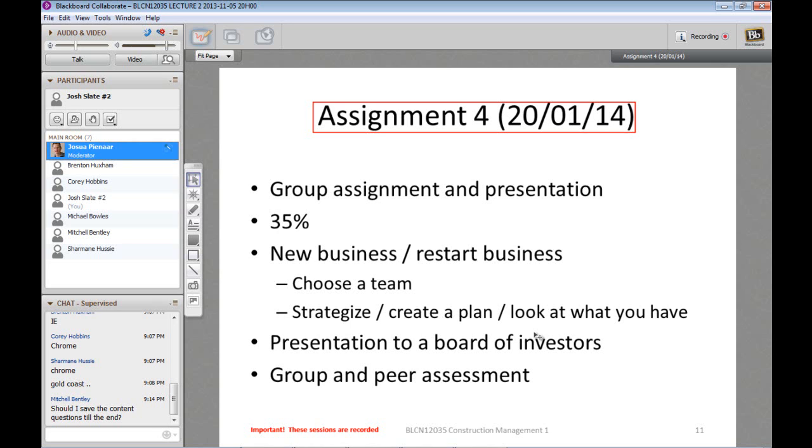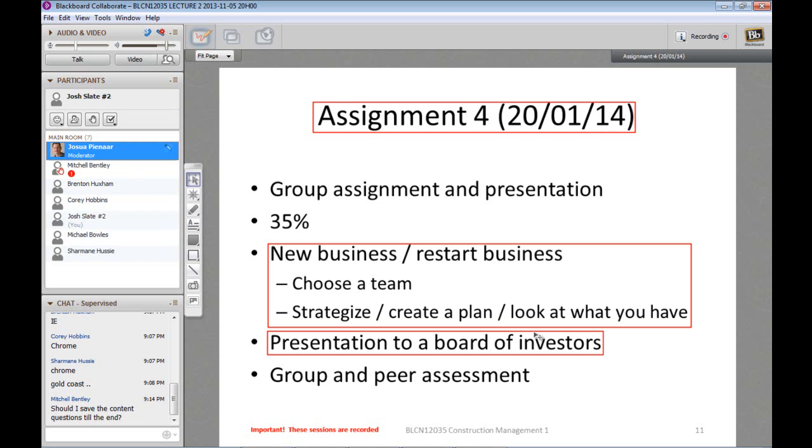This year I've given you the choice of either creating a brand new business or choosing a business that is ready to fall over, and then coming up with a great plan of how to save it and reinvest in it, make it functional and viable again. That involves, of course, a presentation to the board of investors. I've got a few people lined up from industry, and they are going to view your presentations and give you marks. Yes, Mitchell.